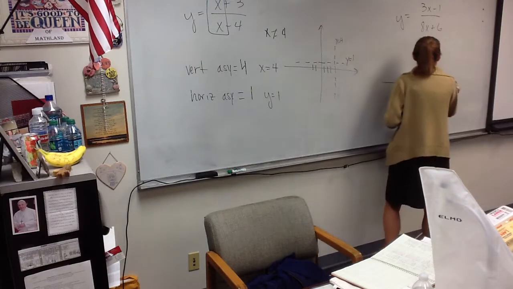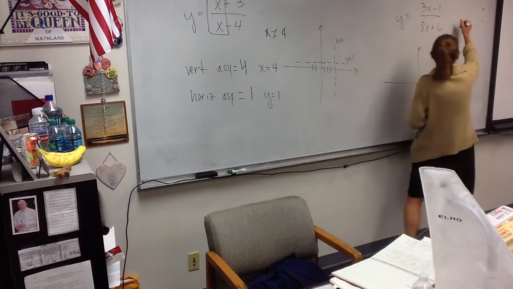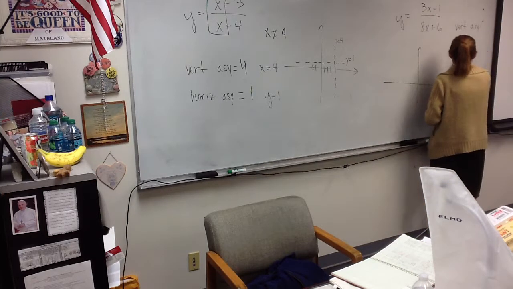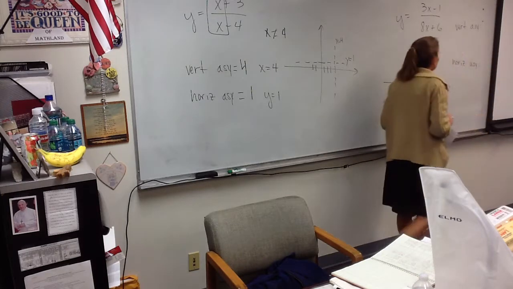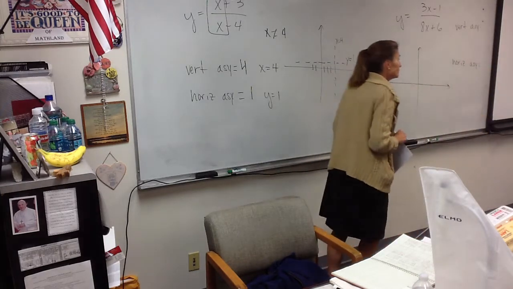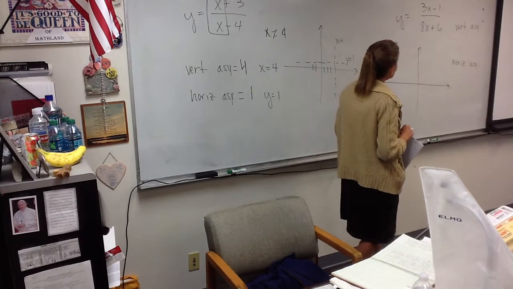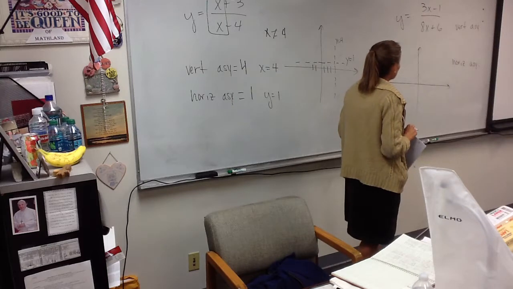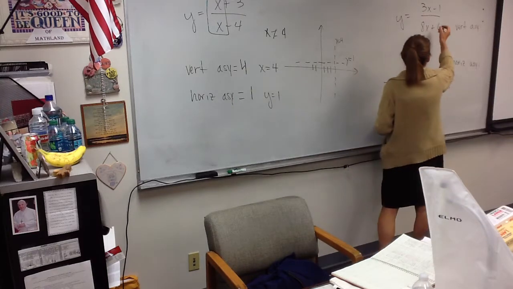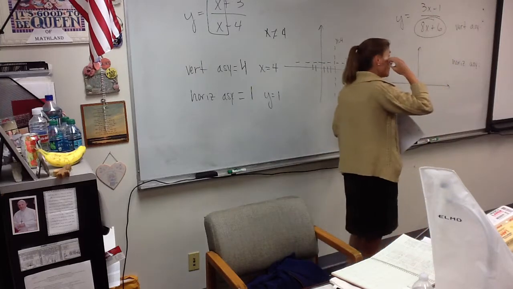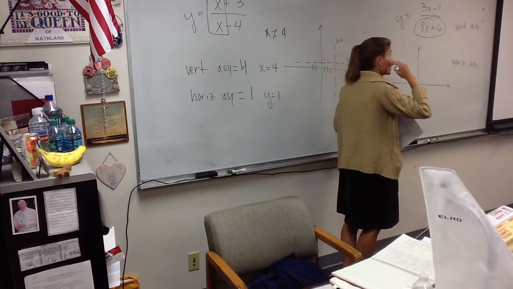Madison, any idea where there's either a vertical or a horizontal? You can do either one, I don't care. Well, what we need to remember is, since you're keying on the 8x plus 6 denominator, you're looking for a vertical asymptote.